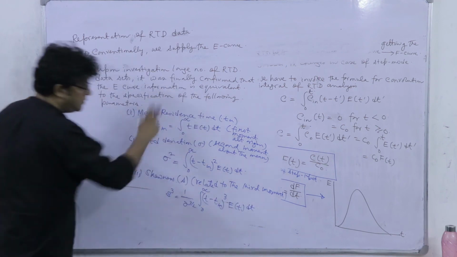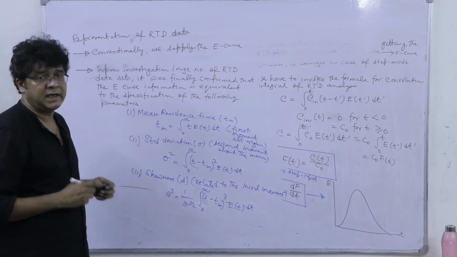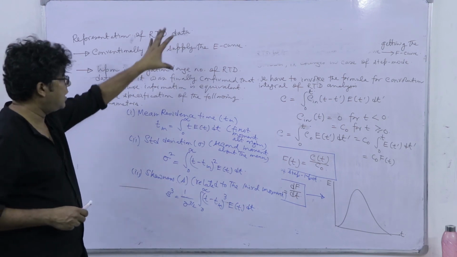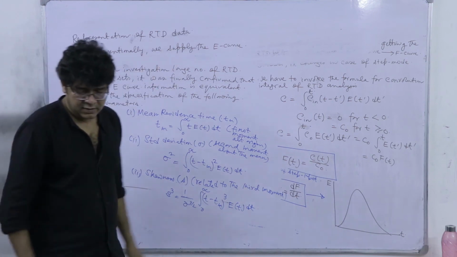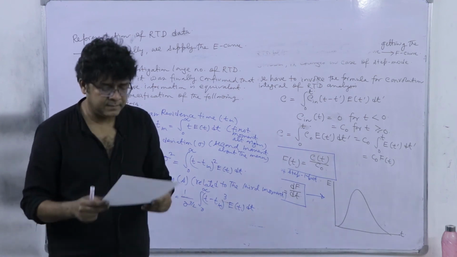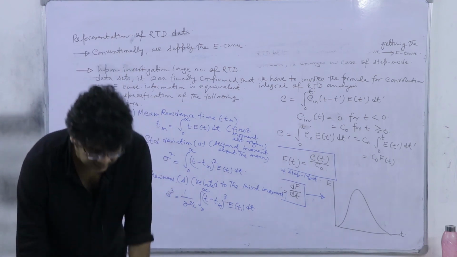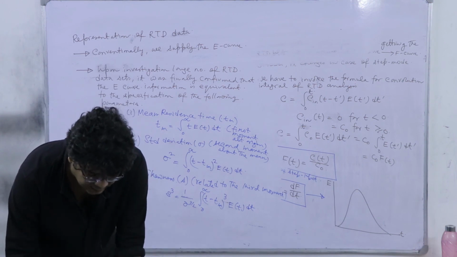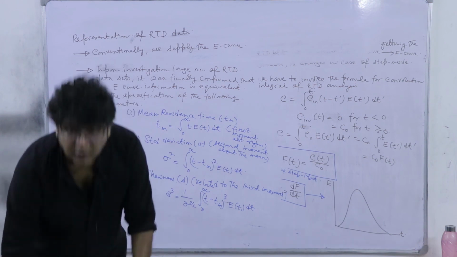So, if we specify Tm, sigma and S, it is equivalent to supplying the E curve, right. So, that is all about today. In the next class, we will be discussing the RTD of ideal reactors and non-ideal reactors, and finally the mixing models. Thank you.